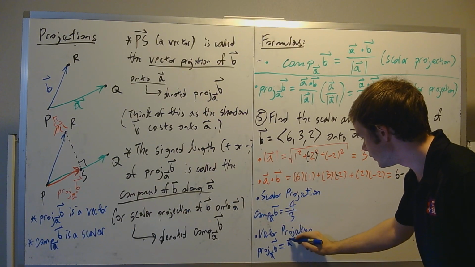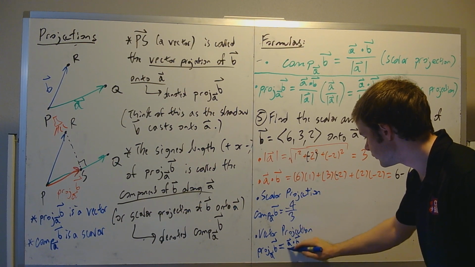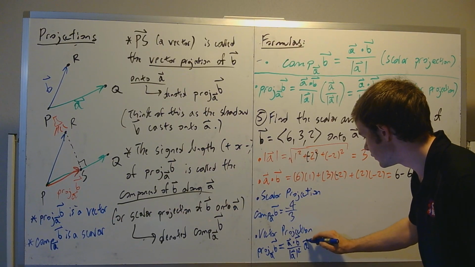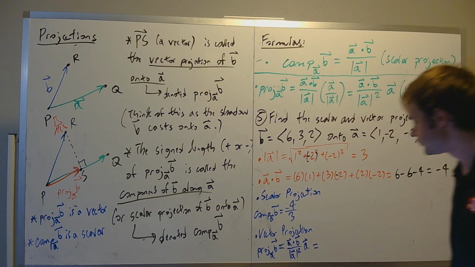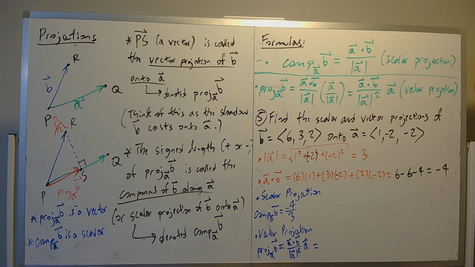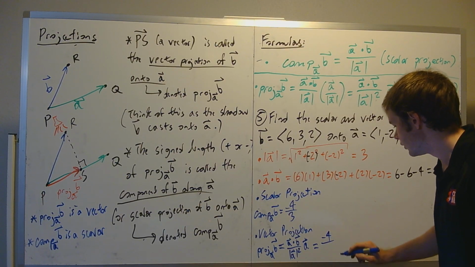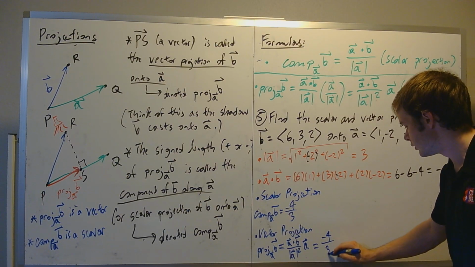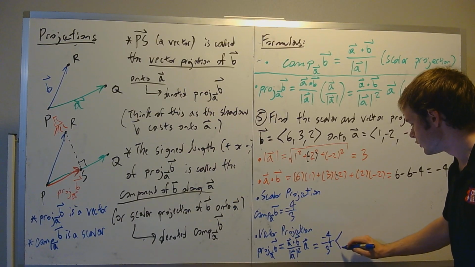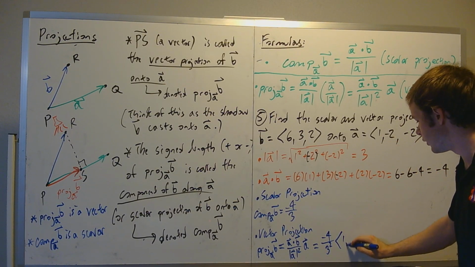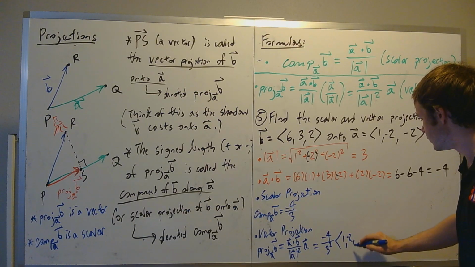So it's A dot B over size of A squared times A, the vector A. So we just got to write down what all this is. So A dot B we said was negative 4 over the size of A, 3 squared, times the vector A. So 1, negative 2, negative 2.